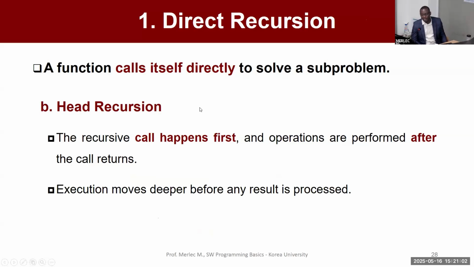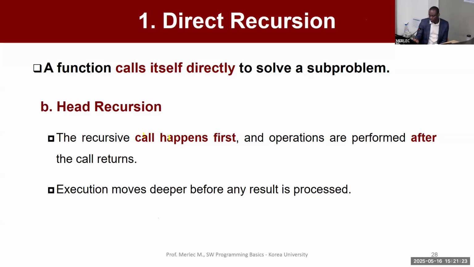The second type of direct recursive call is the head recursion. The recursive call happens first, and then it is followed by operations to perform after the call is returned.